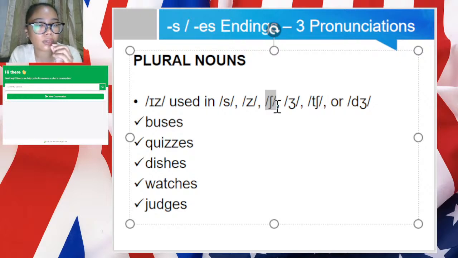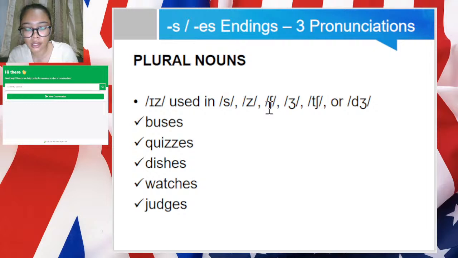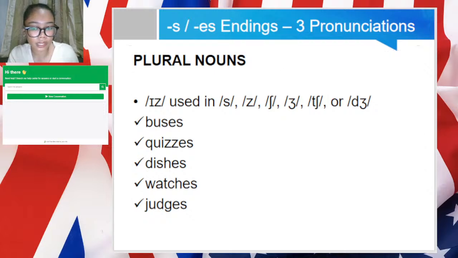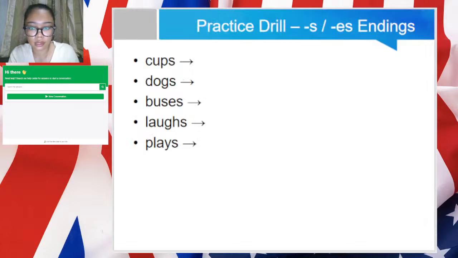It's not very hissing, there's a little bit of the H sound. So sh, as in the word shoe. This one here is pronounced as shoe.